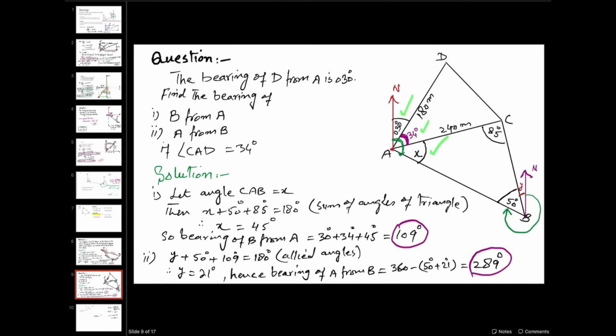What's the reason? Sum of angles of triangle. So from here x is equal to 180 degree minus 50 degree minus 85 degree, and x is equal to 45 degree. So bearing of B from A is 45 degree plus 35 degree plus 30 degree, which is equal to 109 degree.